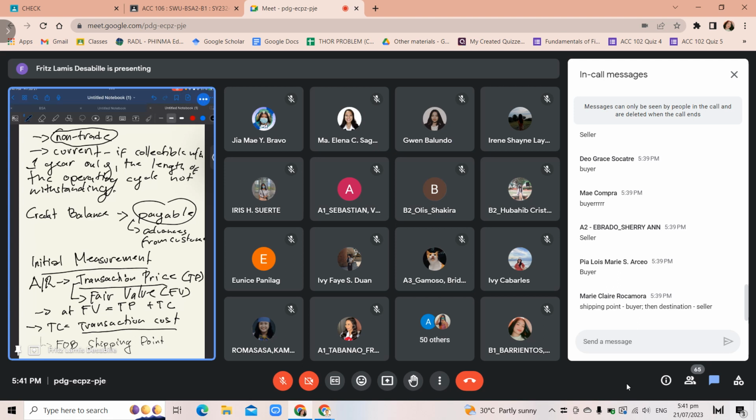Freight in and freight out? Freight out is a cost incurred by the seller upon shipment of the goods for sale.